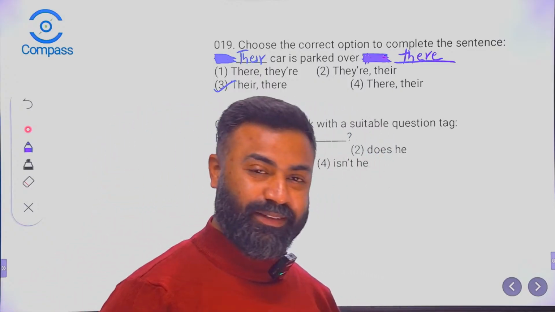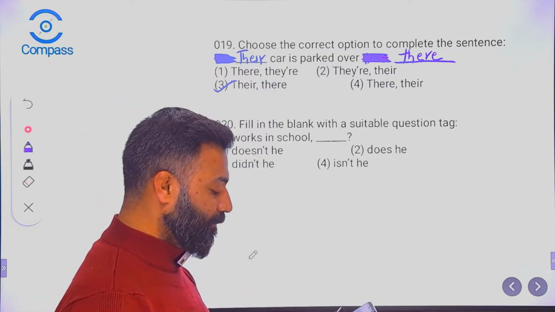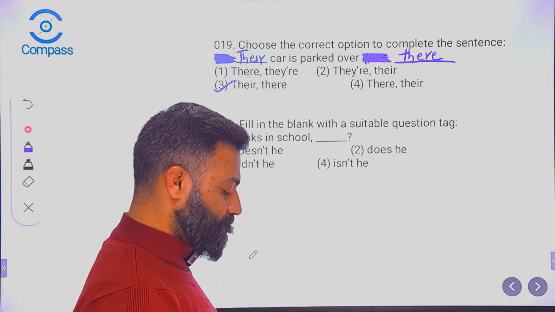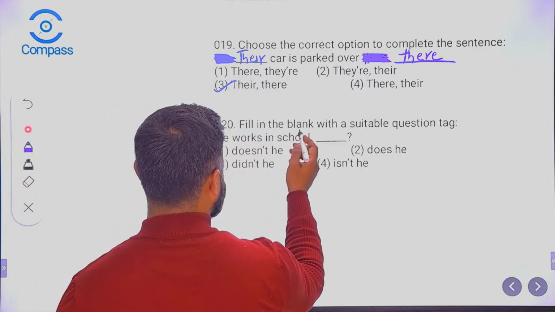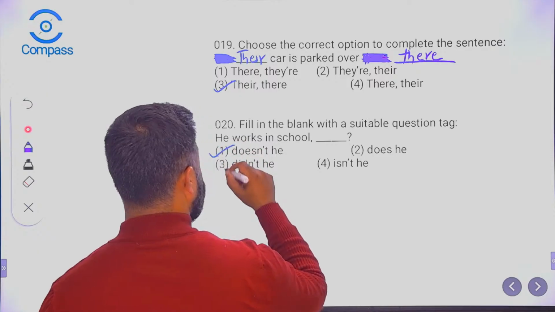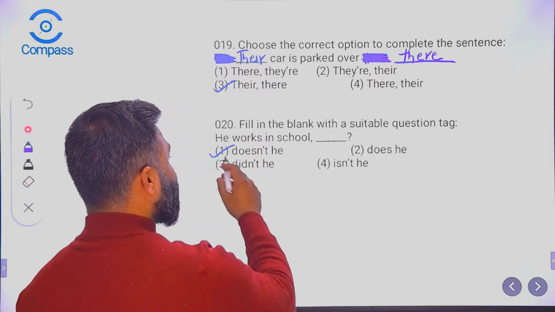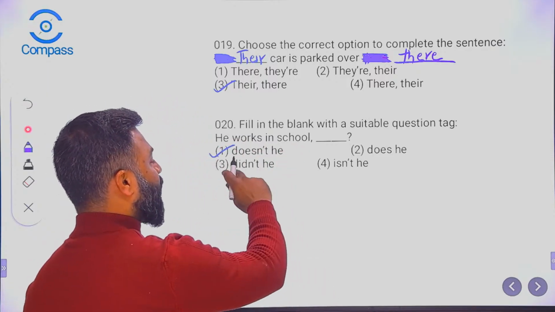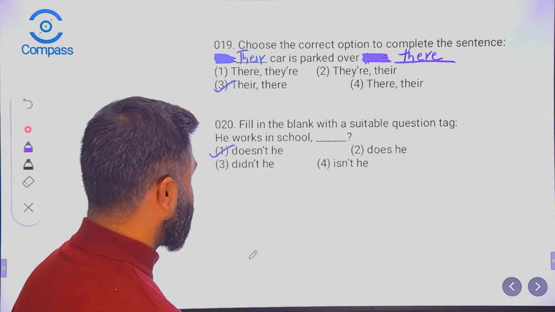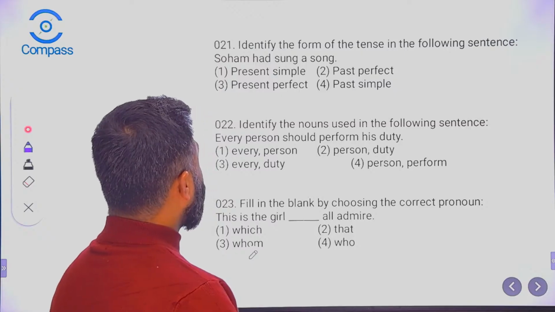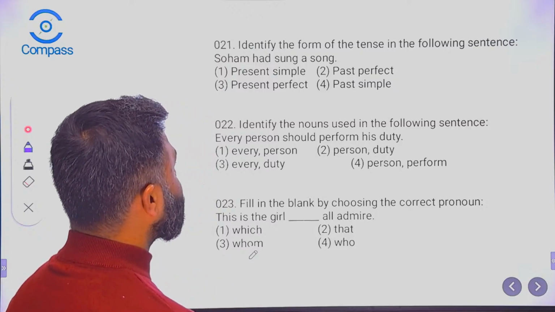You must not take much time here. All right, yes. So doesn't he? He works in school, doesn't he? Right? Because the sentence is positive and we need to have a negative question tag, doesn't he? Right?